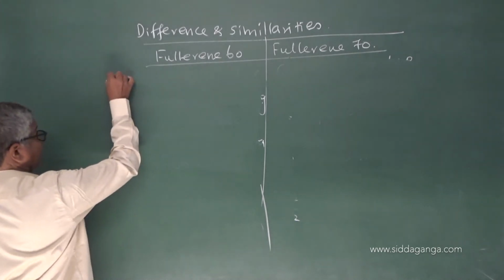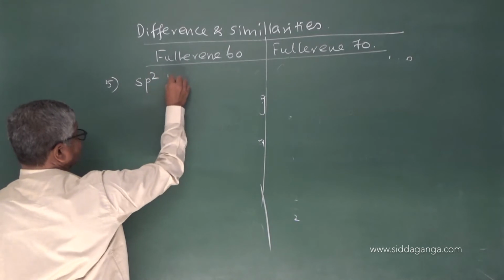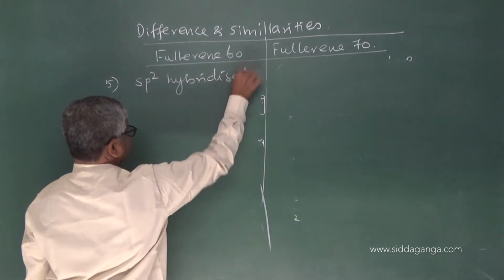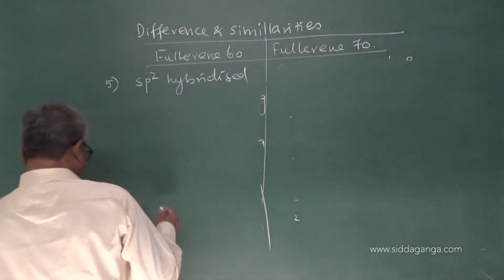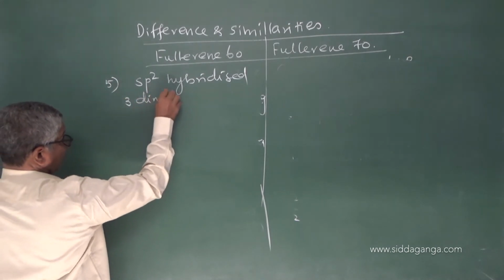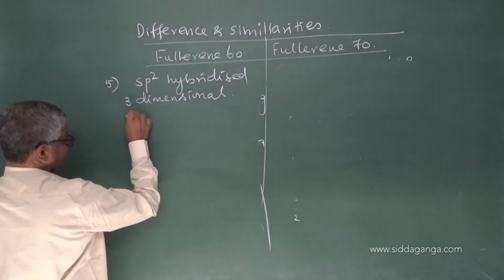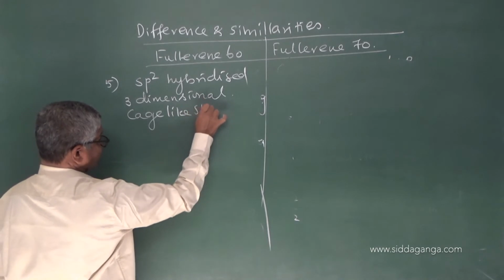In the fifth point, fullerene 60 is sp2 hybridized. It is a three-dimensional cage-like structure.